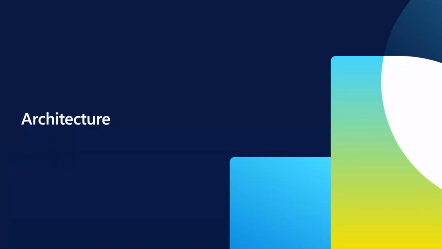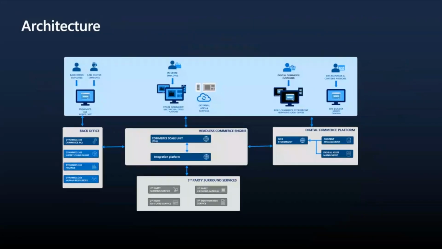Now we have seen the high-level capabilities. We want to see how it all comes together with the help of architecture. In the middle of the screenshot, you would see a headless commerce engine, or the Commerce Scale Unit, which serves as a central point for all commerce channels, including in-store and e-commerce channels. It also serves as a single point for all third-party channels. It serves as a central integration point for all commerce business logic and powers a complete omni-channel solution across physical and digital stores.